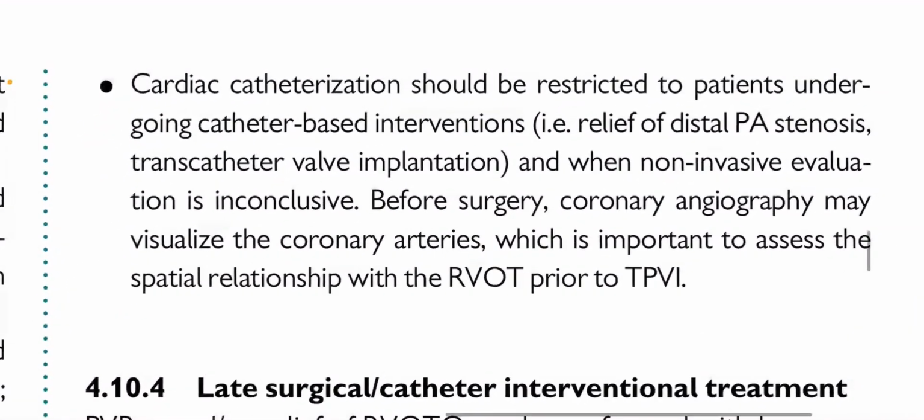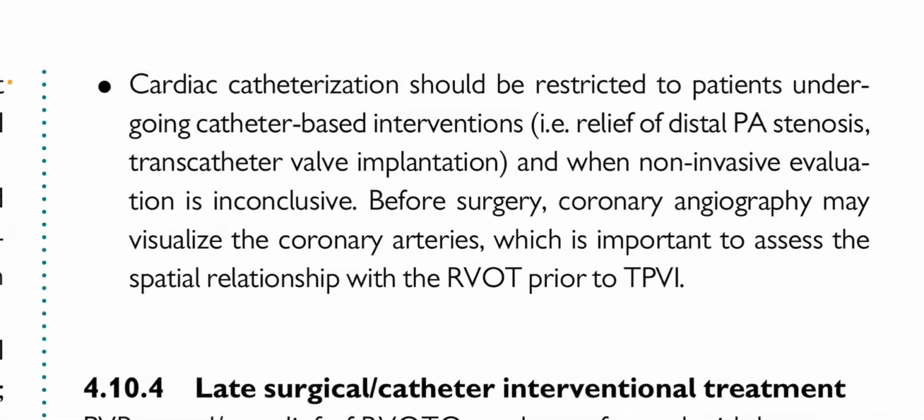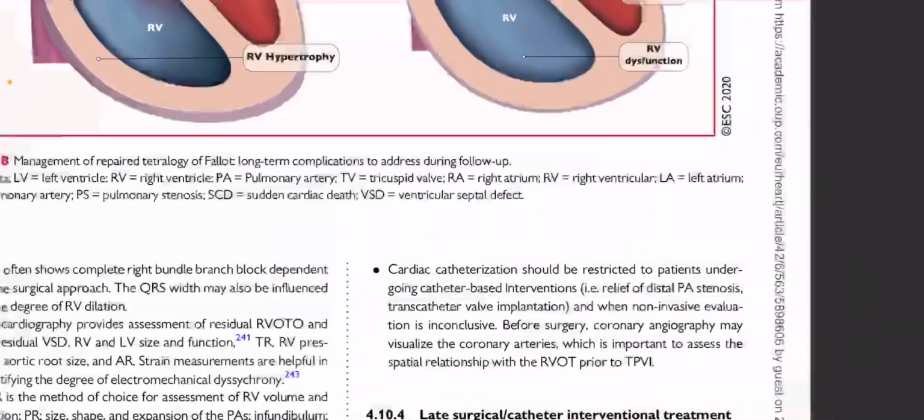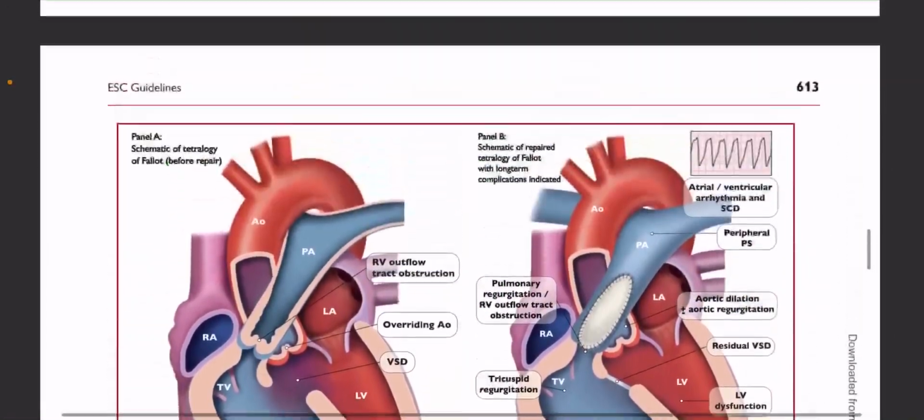Cardiac catheterization should be restricted to patients undergoing catheter-based interventions, that is relief of distal pulmonary artery stenosis, transcatheter valve implantation, and when non-invasive evaluation is inconclusive. Before surgery, coronary angiography may visualize the coronary arteries, which is important to assess the spatial relationship with the RVOT prior to TPVI.